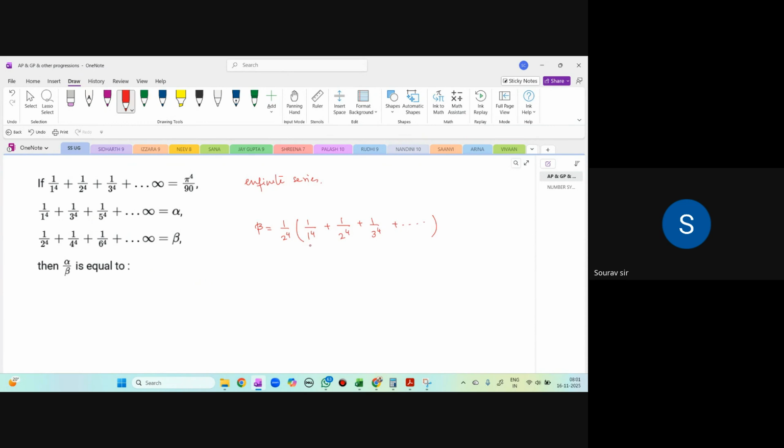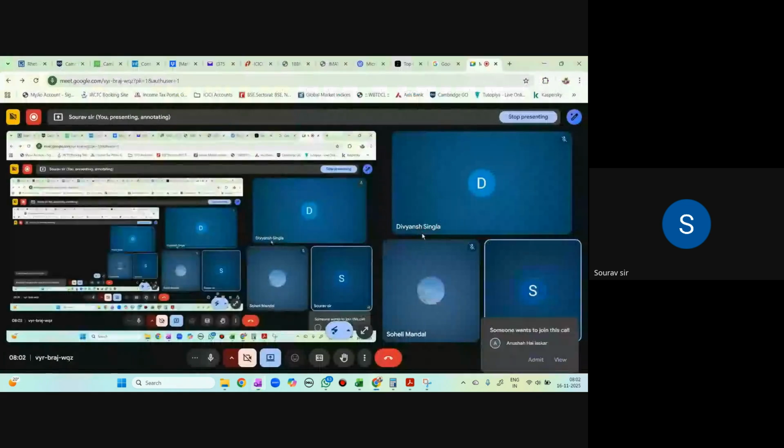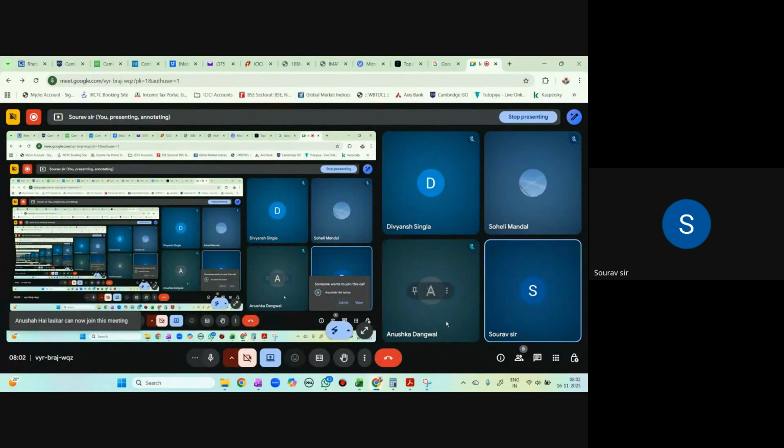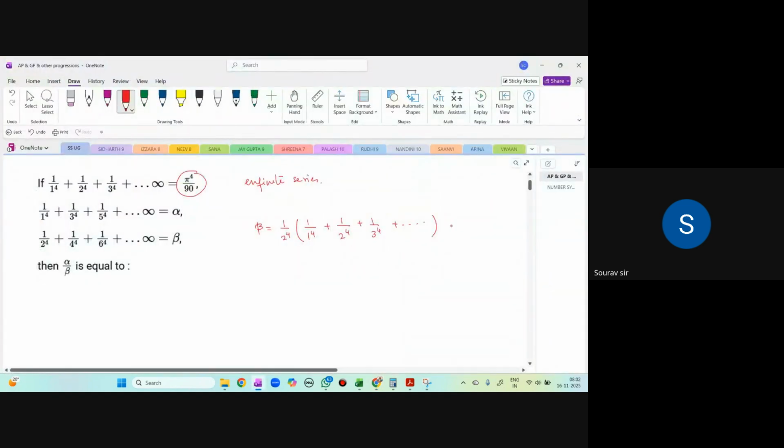Right? Now, this sequence is the same as this sequence. So this is pi to the power 4 by 90. So this becomes 1 by 16 into pi to the power 4 by 90. So this is the value of beta.